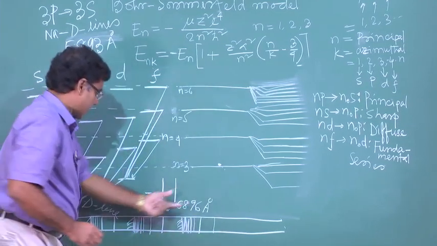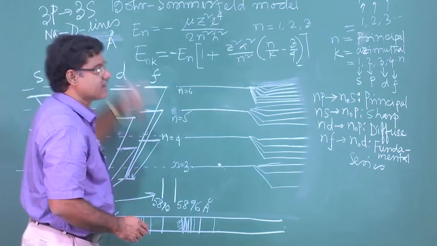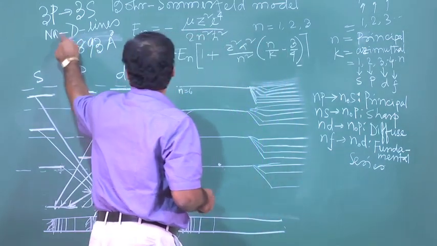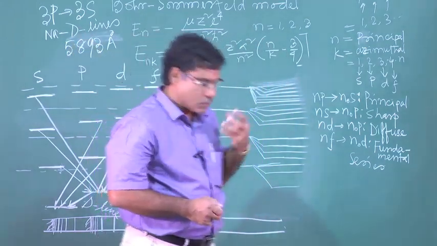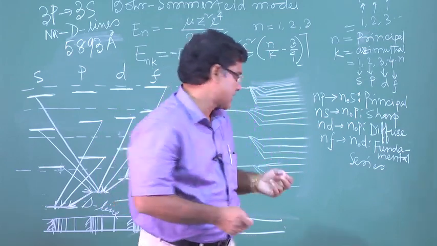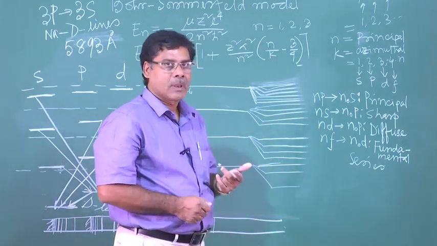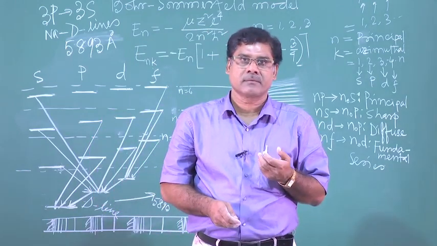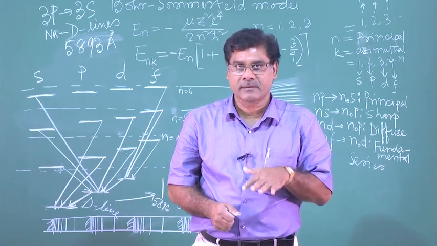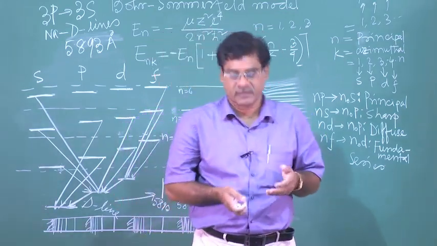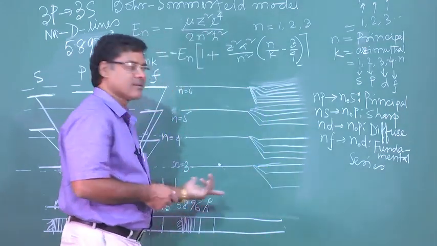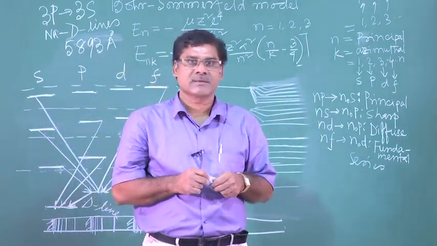So, the average, 5893, is what we write for the sodium D lines. The sodium D line is composed of two lines separated by 6 angstrom, which was not observed earlier, but in higher-resolution spectroscopy it was found that these are two lines.